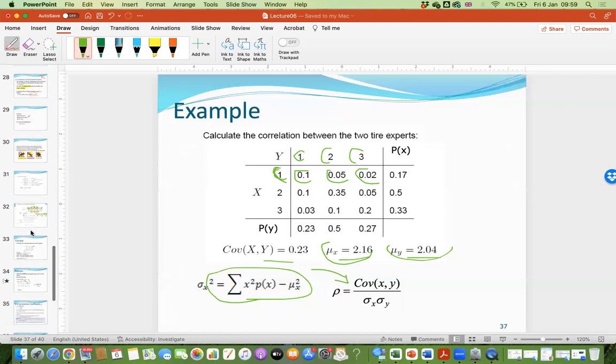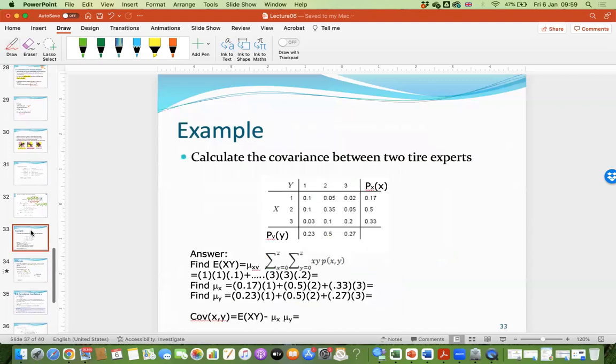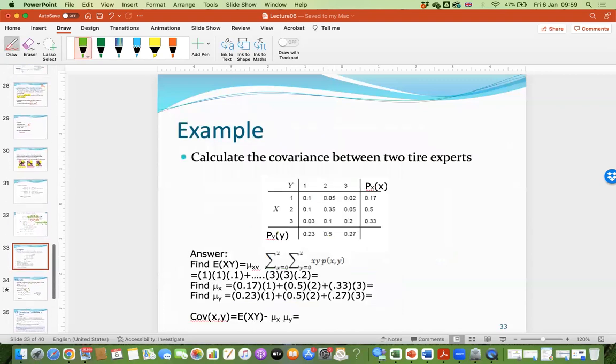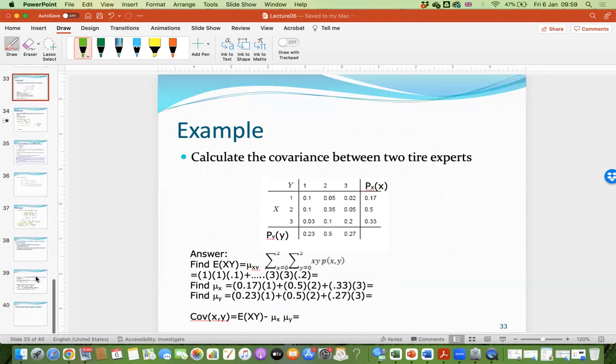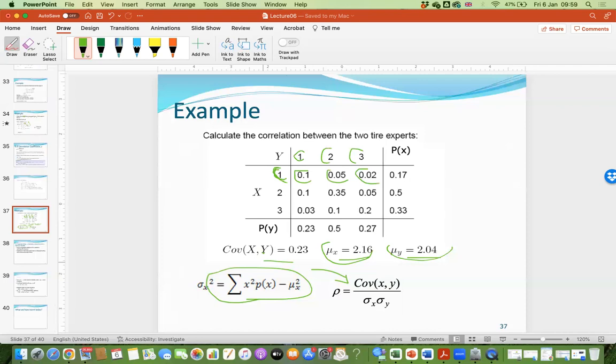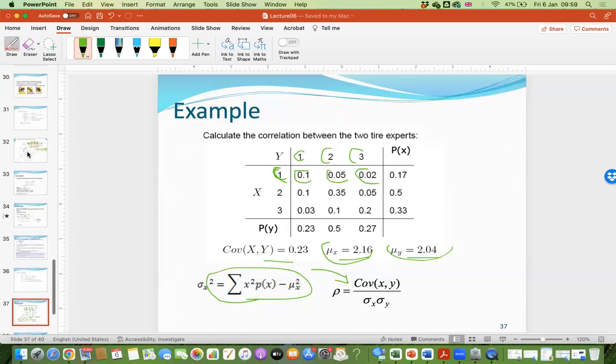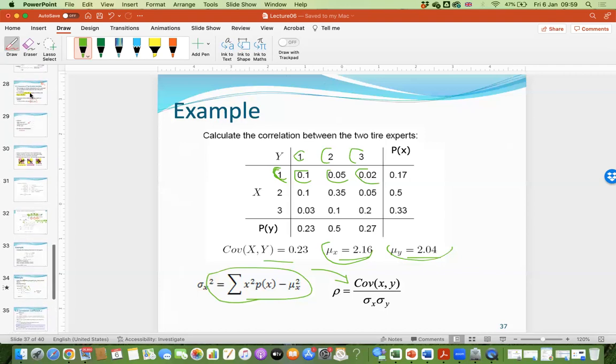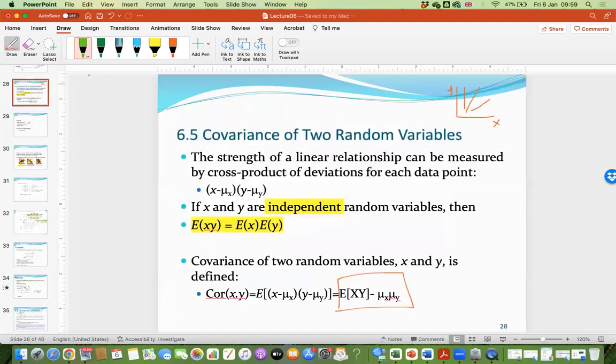We have discussed this here, on slide 33. Is that okay?